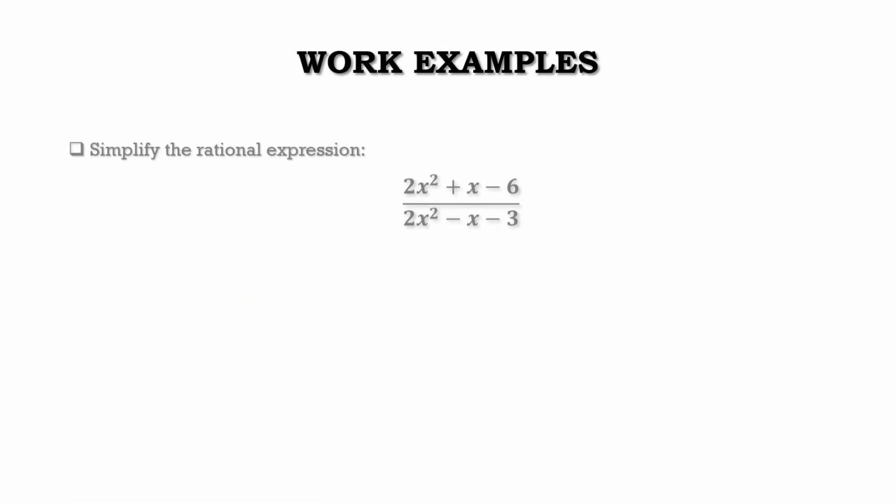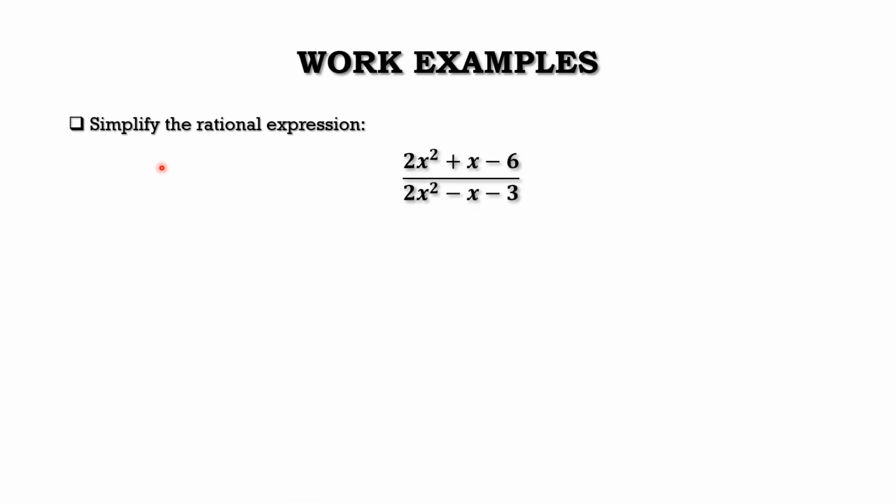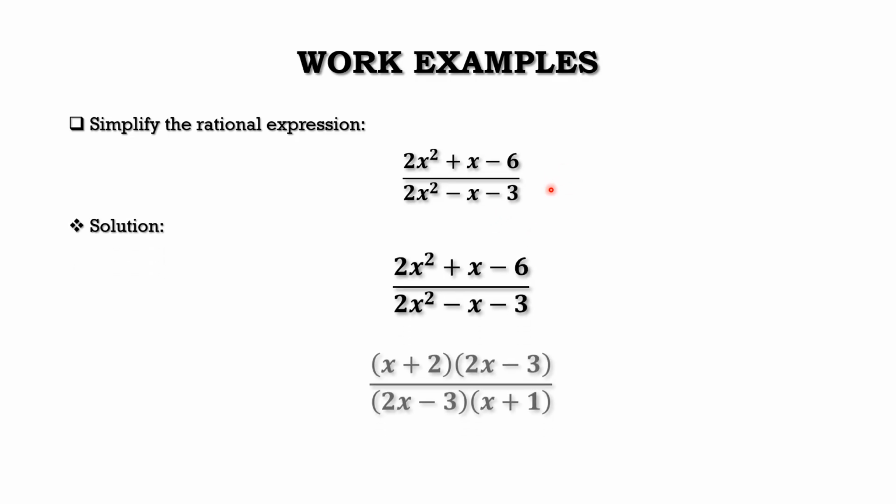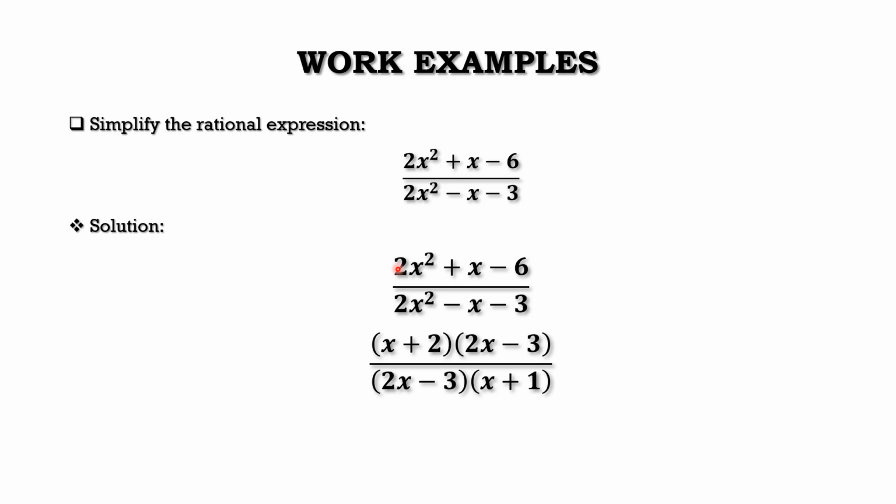Now, let's move to another example, where we are to simplify the rational expression 2x squared plus x minus 6 divided by 2x squared minus x minus 3. First, we factorize the numerator completely. When we are done, we end up with x plus 2 multiplying 2x minus 3.